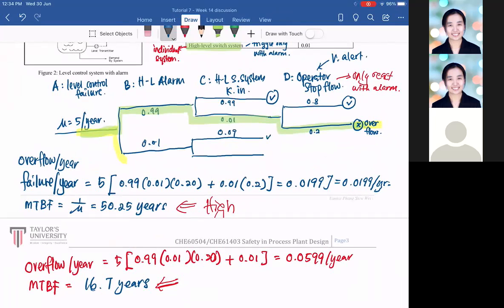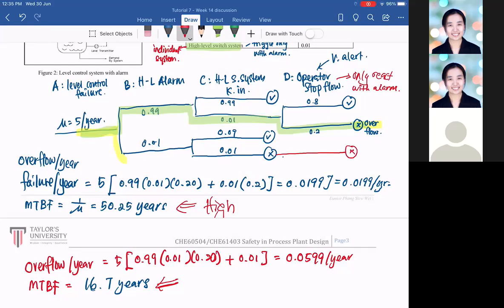It will still switch it off. And then 0.1% of the time it failed. Assume that our operators only react with alarm. So this one, no alarm, is not going to react, so it's here.